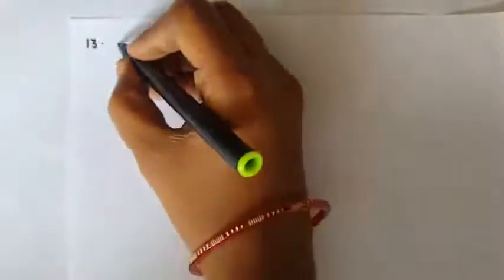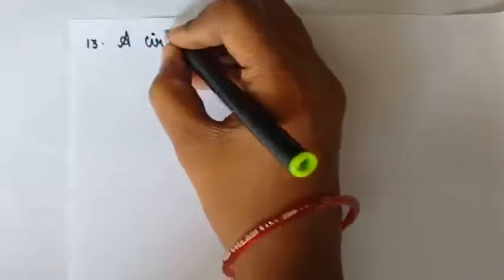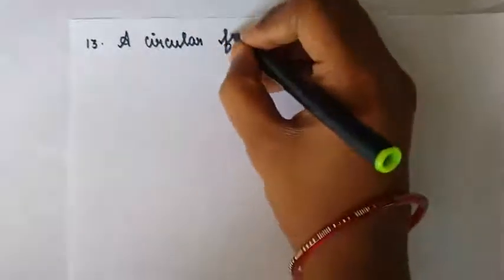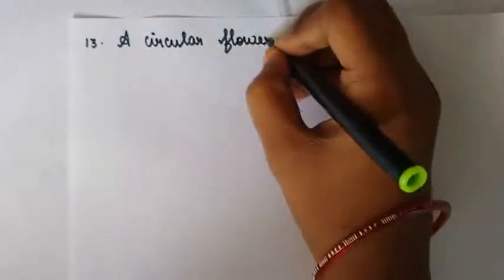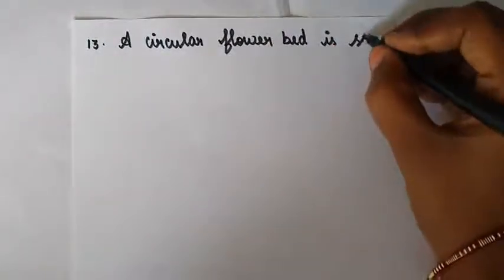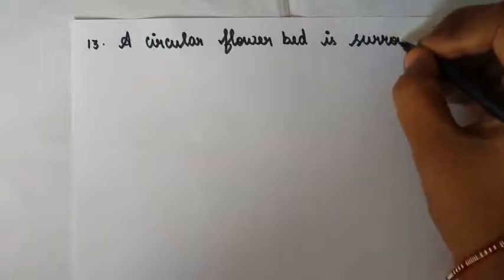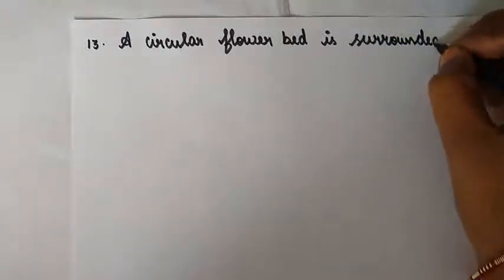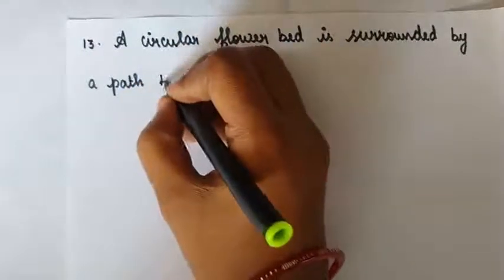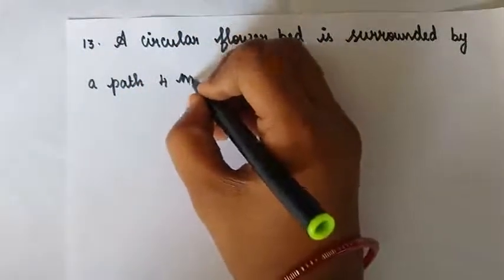Then we take question number 13. A circular flower bed is surrounded by a pot 4 meter wide.